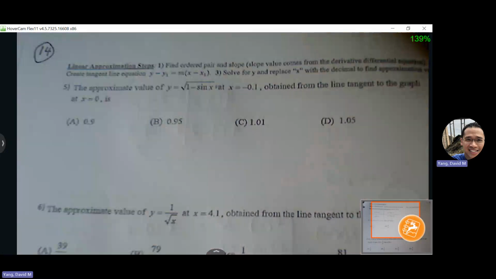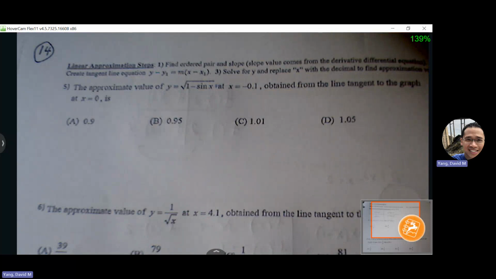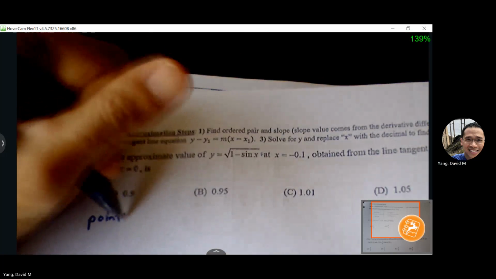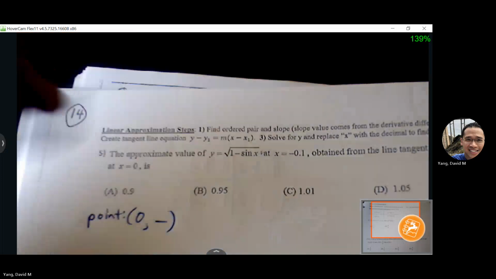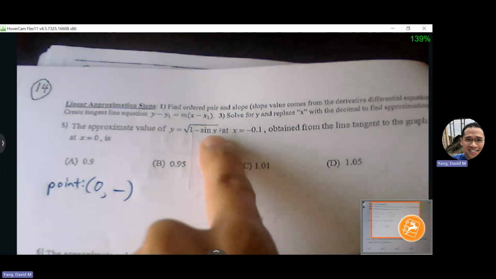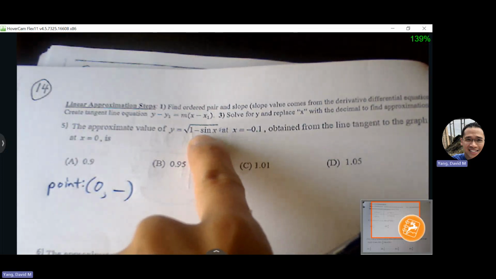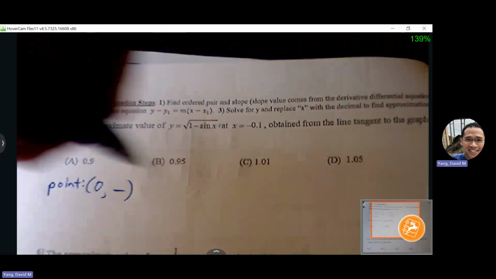So let's just focus on the tangent line equation. Let's find our ordered pair. If I plug 0 in for x, I get 1 minus 0, which is 1. Square root of 1 is 1.